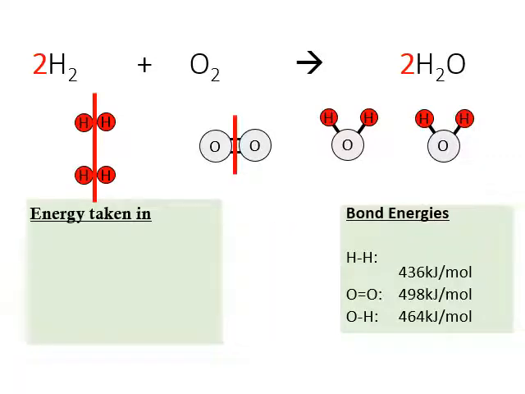So looking at our diagrams, I can see that I need to break 2 HH bonds and 1 oxygen double bond, and I need to make 4 OH bonds.